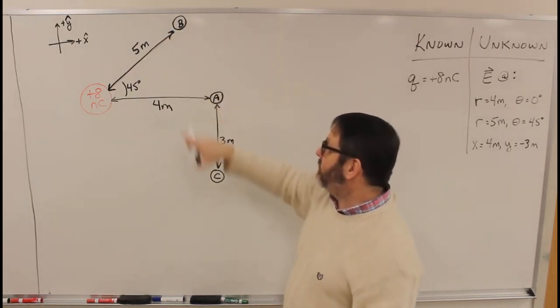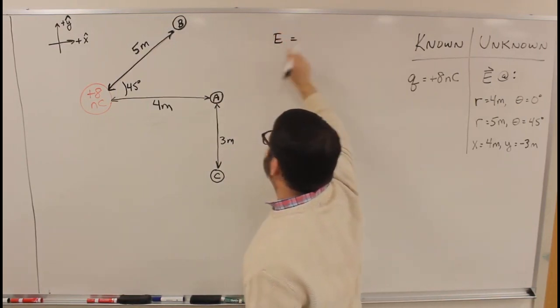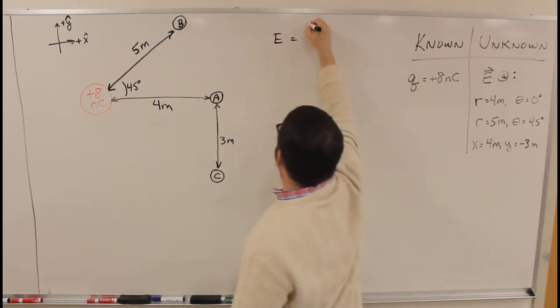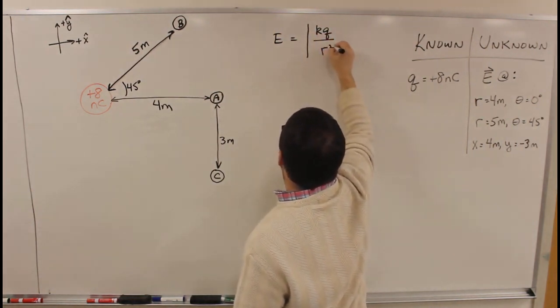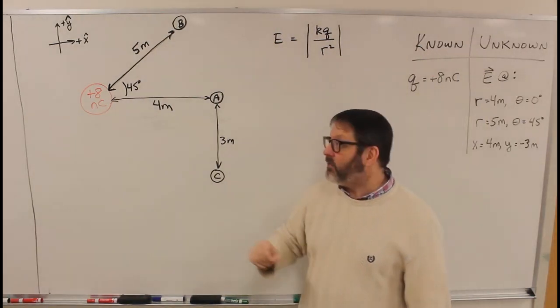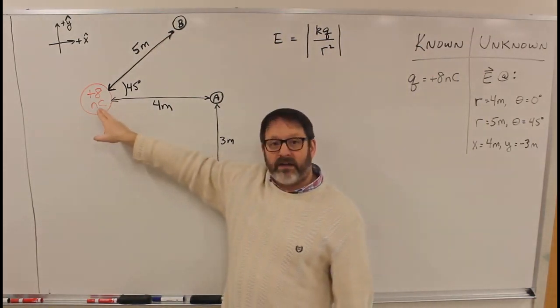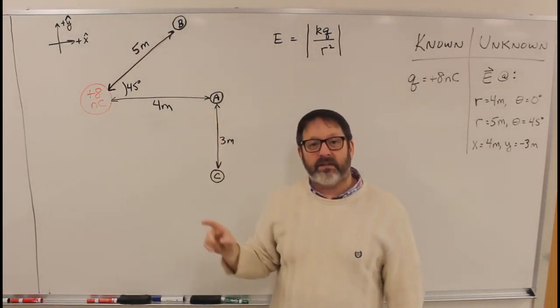So to find the electric field at these 3 locations, we need to know that the magnitude of the field is kq over r squared. To find the direction of the field, we know that this is a positive charge and all the field lines go directly out from positive charges.